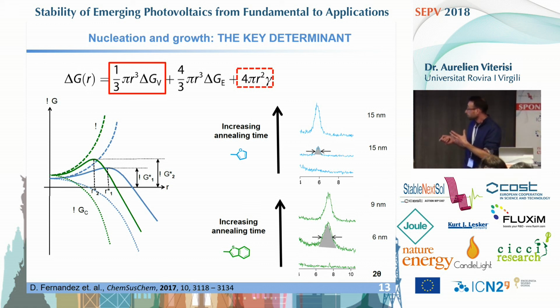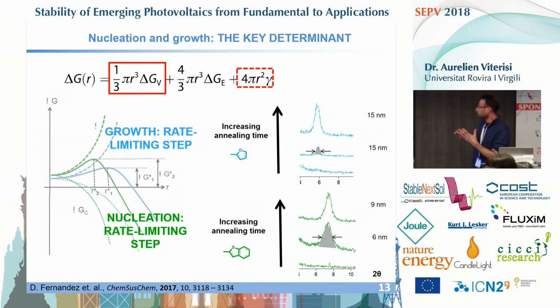Quite interestingly, in one of the cases growth is the rate-limiting step, whereas in the green molecule nucleation is the rate-limiting step. This explains why in one case we can grow larger crystallites by exposing the active layer to solvent vapor for a longer time, whereas in the other case we're limited to a size beyond which we cannot grow bigger crystallites.